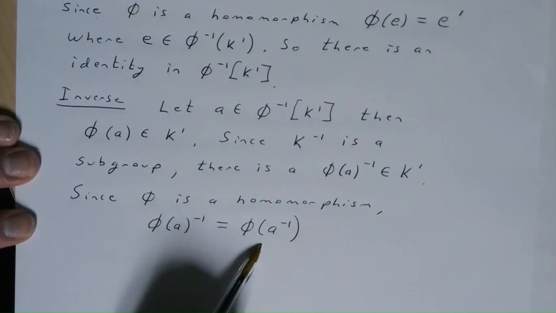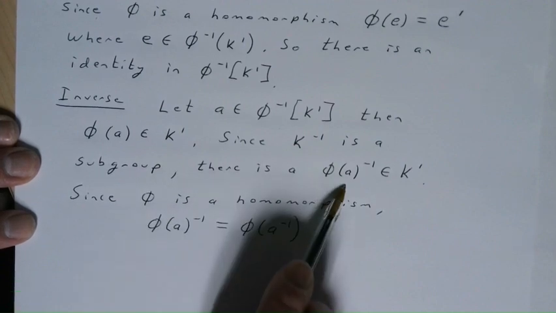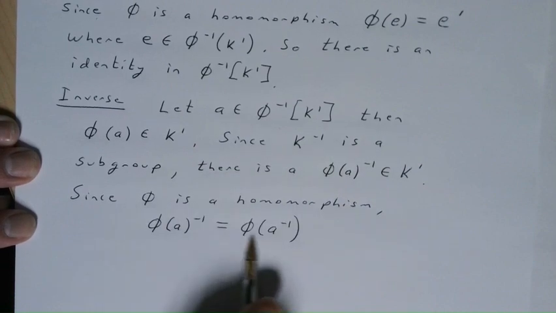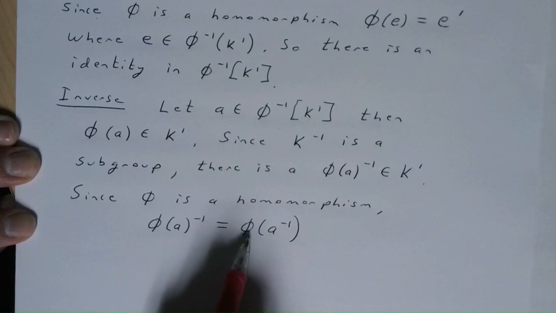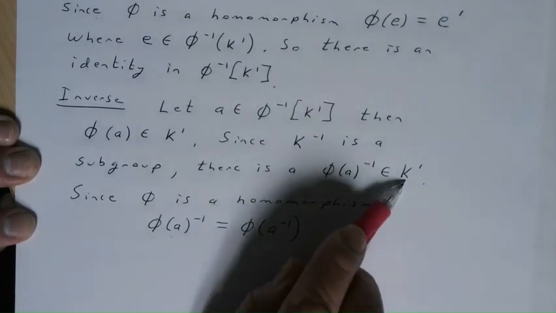This means, again, since this is in K prime and it's equal to this, that means that phi would have mapped A inverse into this element, which is in K prime.